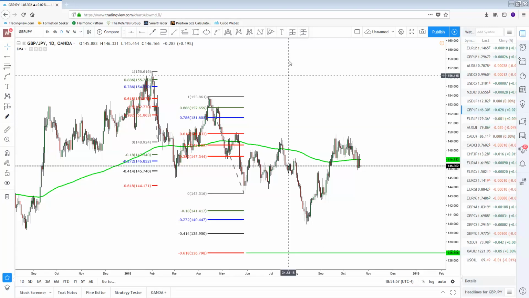So before I get started, since this is a live market, I do have to read the risk disclaimer. So just bear with me for a second. Trading foreign exchange on margin carries a high level of risk. It may not be suitable for all investors. Past performance is not indicative of future results. The high degree of leverage can work against you as well as for you. Before deciding to invest in foreign exchange, you should carefully consider your investment objectives, level of experience, and risk appetite.